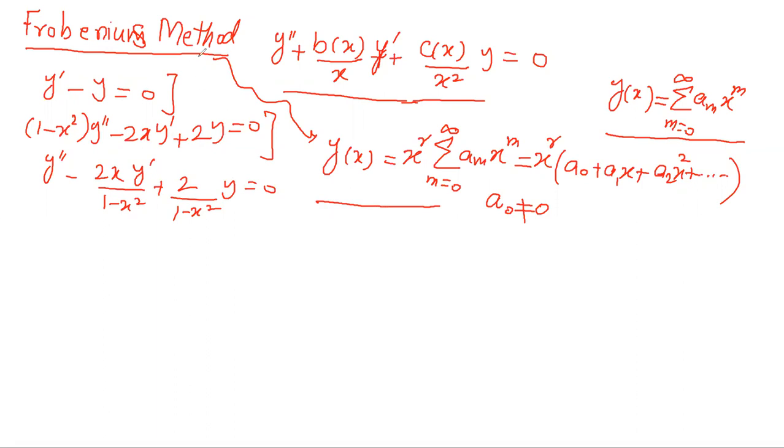The difference is that we use the Frobenius method for equations where the function goes to infinity, that is, it diverges. For example, if we take the value of x equal to 0 over here, then it will be undefined.